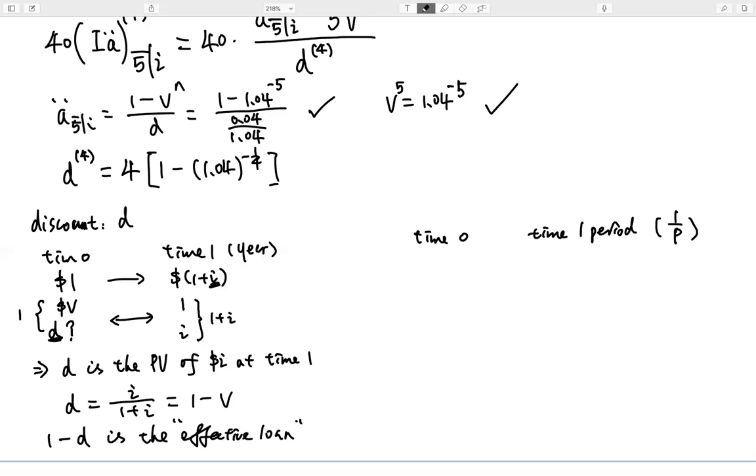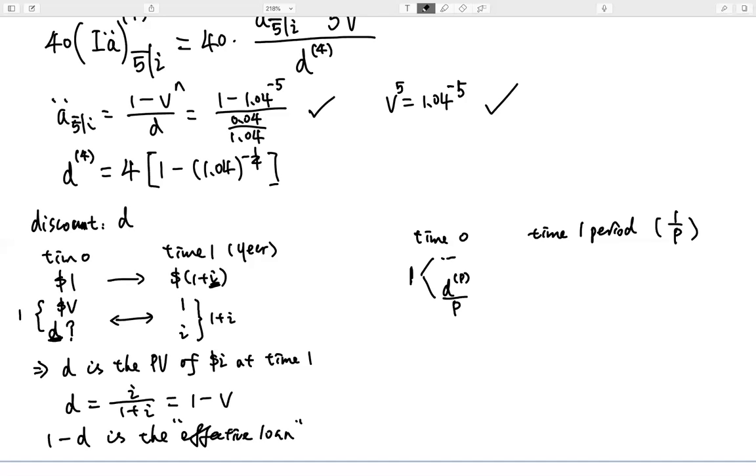If I break this 1 into 2 parts, this would be my d upper p divided by p. So this would be my upfront cost. The other part would be 1 minus it, but we don't care about it. What we care about is essentially this guy.